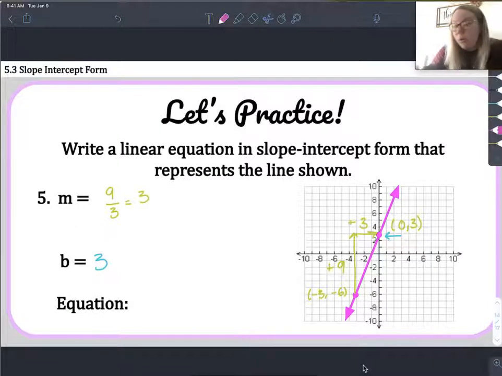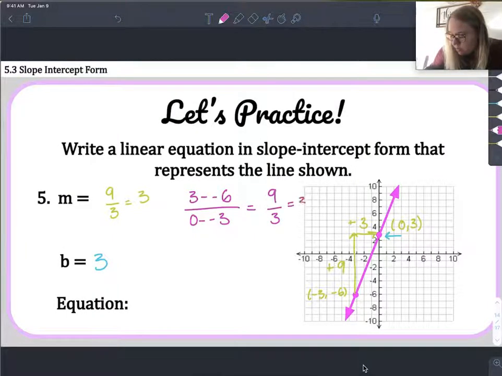If you wanted to use the coordinate points, you could do that too. So I could do my 3 minus -6 divided by 0 minus my -3. That turns into 3 plus 6, which is 9, and then 0 plus 3, which is 3, which reduces again to 3. So you could do either method.